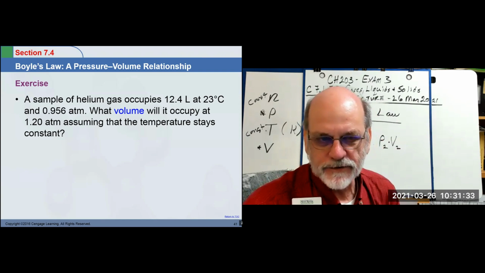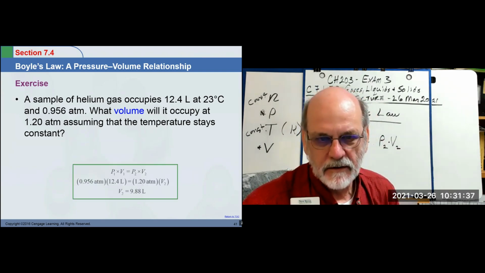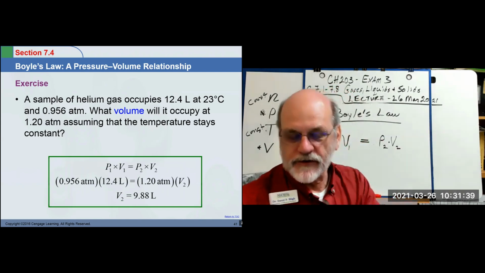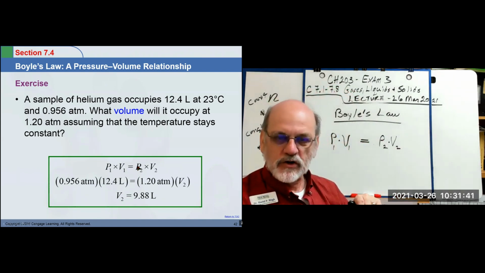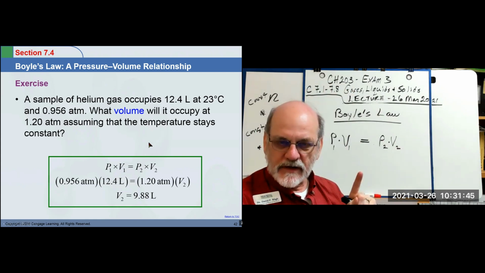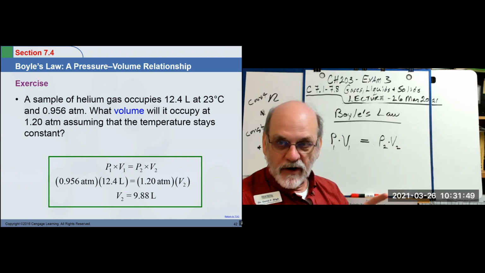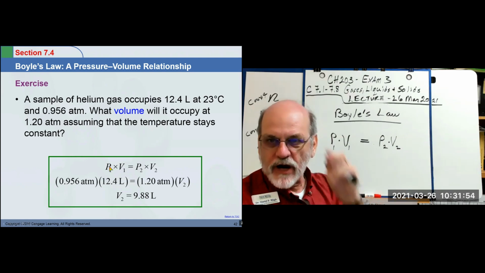And we're kind of short on time, so I may have to just reference this solution to the problem. The key to working these problems is put the numbers in the right variables. What is the starting pressure?